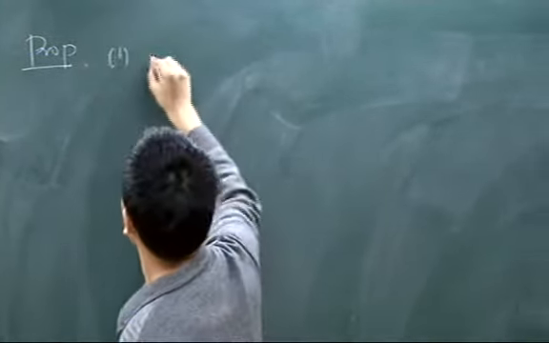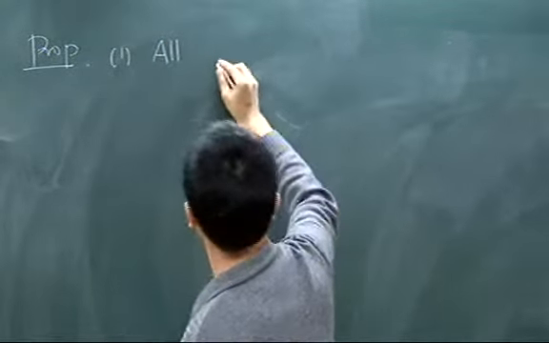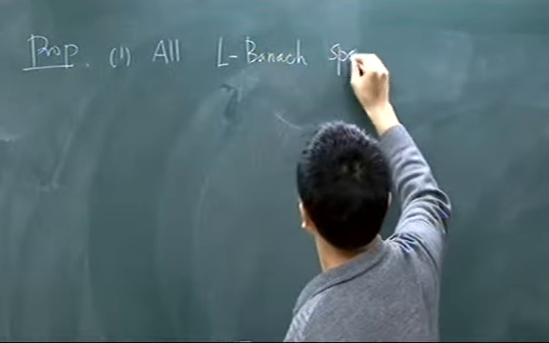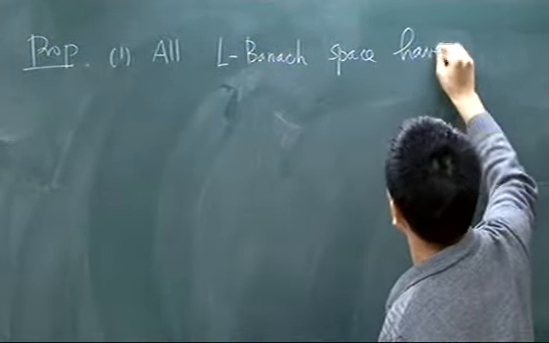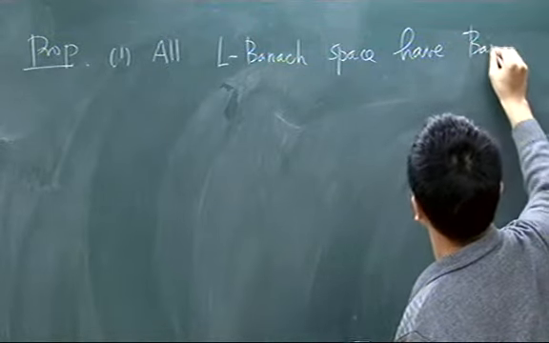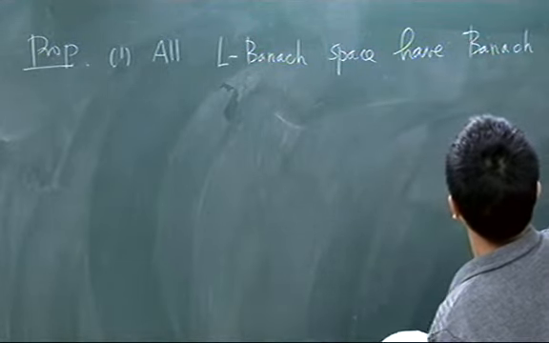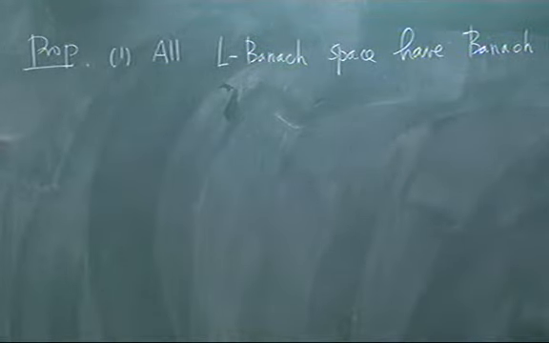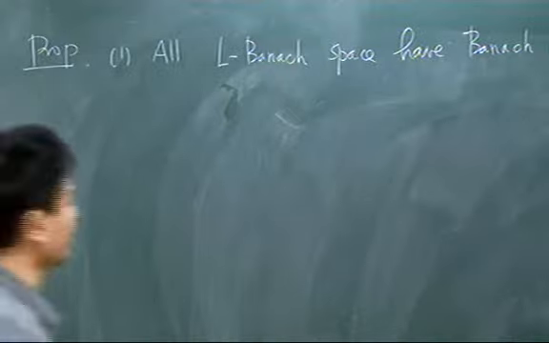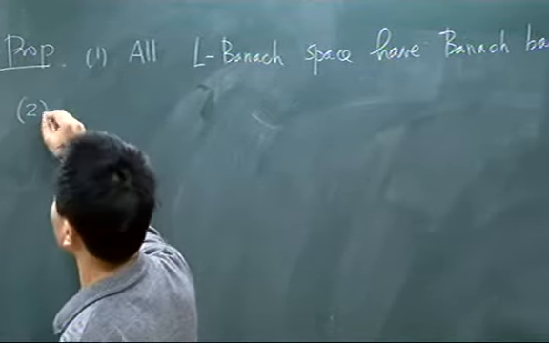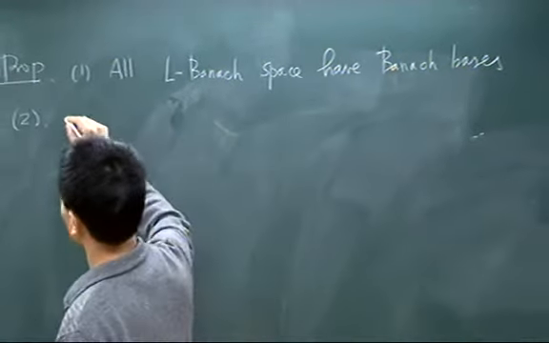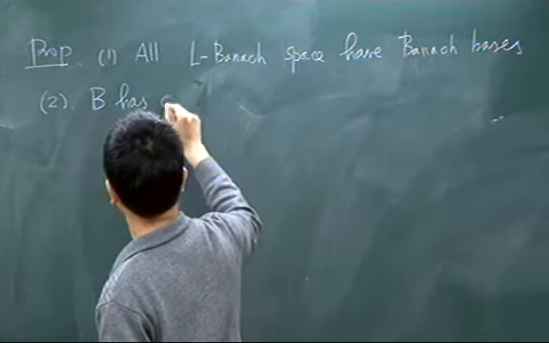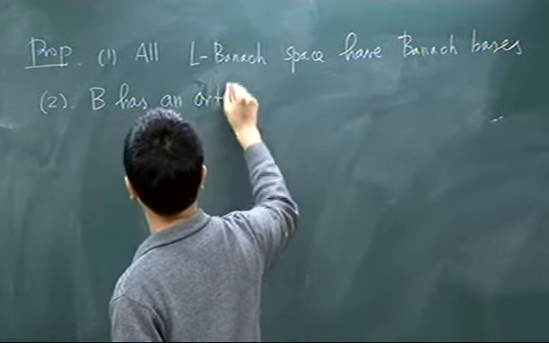All Banach spaces have a Banach basis. This means that if you just want a Banach basis instead of an orthonormal one, you can always find it. The second one is about B having an orthonormal basis.